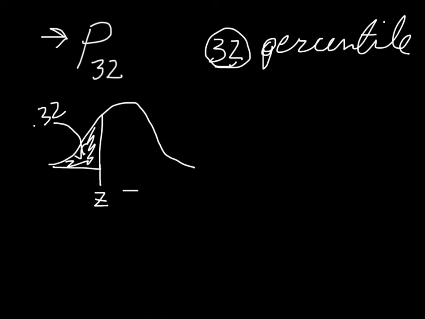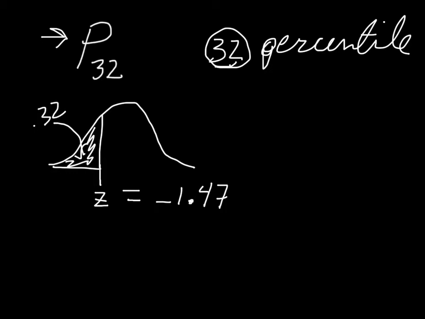So my z would equal negative 1.47. I think I got that right, but I may have looked at my table wrong. So let me look again.